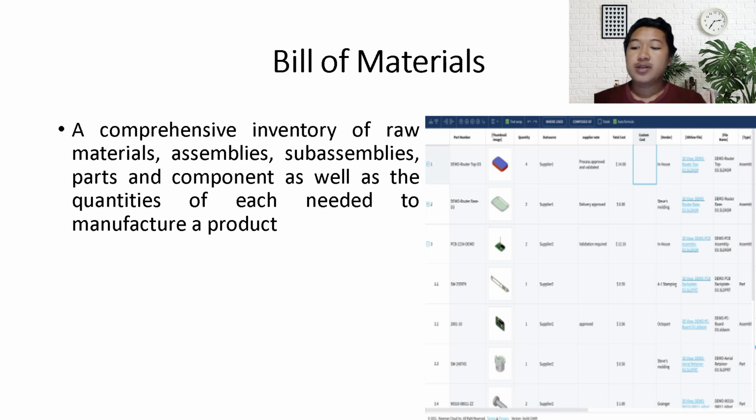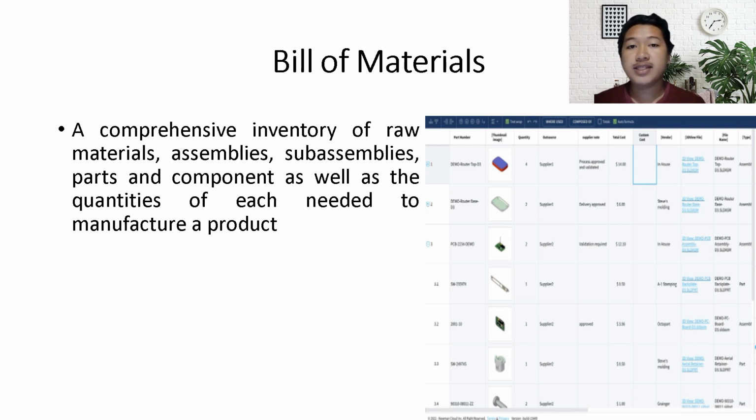Bill of materials. It is a comprehensive inventory of raw materials, assemblies, sub-assemblies, parts and components, as well as the quantities of each needed to manufacture a product. So, bill of materials is the recipe of a certain product.